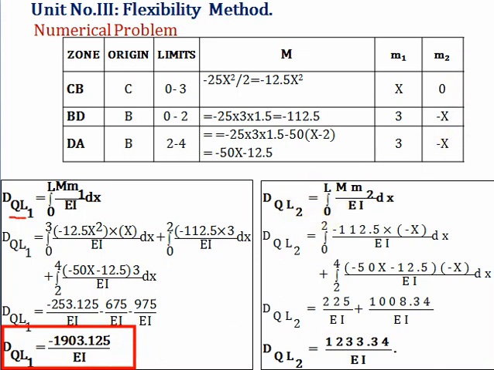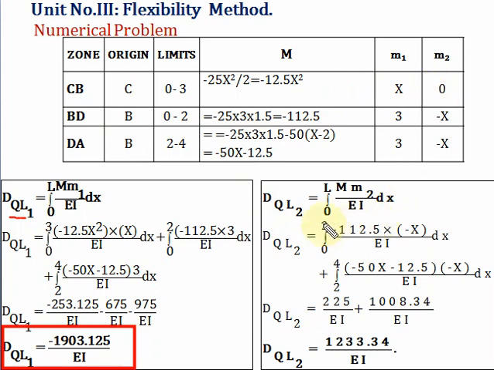Now next we will find out the value of DQL2. DQL2 is equal to integration 0 to L of M into M2 upon EI into dx. For the first zone CB, the value of M2 is 0.